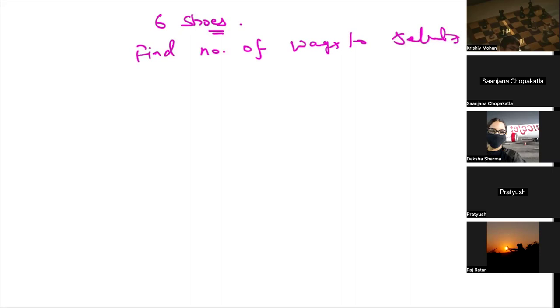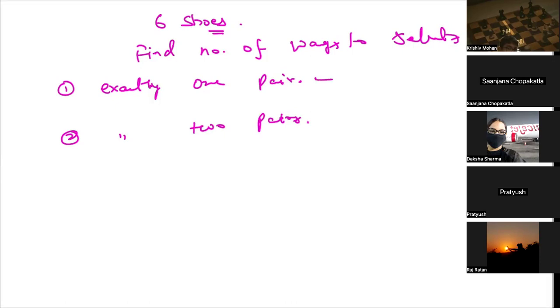In the same question, if I'm saying you have to select 6 shoes, find the number of ways to select exactly one pair. First question. Second, exactly 2 pairs. Two questions. Fast, everyone.